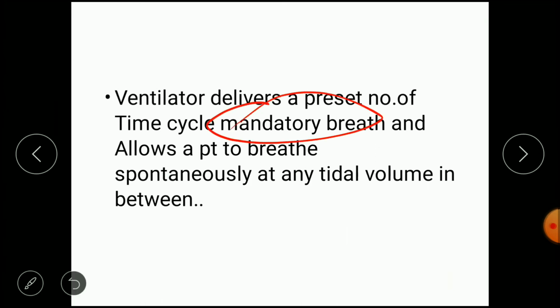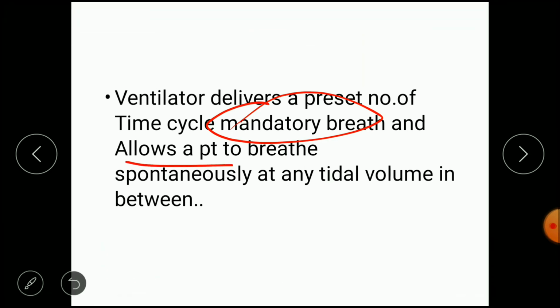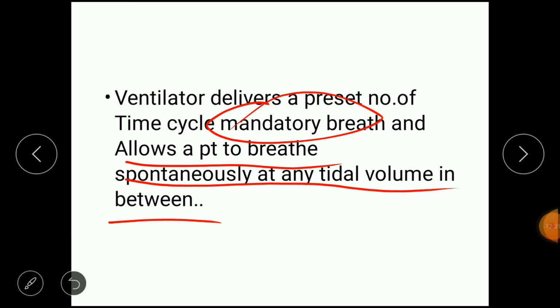The patient also can breathe, and the machine also provides a specific amount of preset tidal volume, and it is mandatory, that means controllable, and it allows the patient to breathe spontaneously at any tidal volume in between. The patient can also do spontaneous breathing in between the mechanical ventilation tidal volumes.